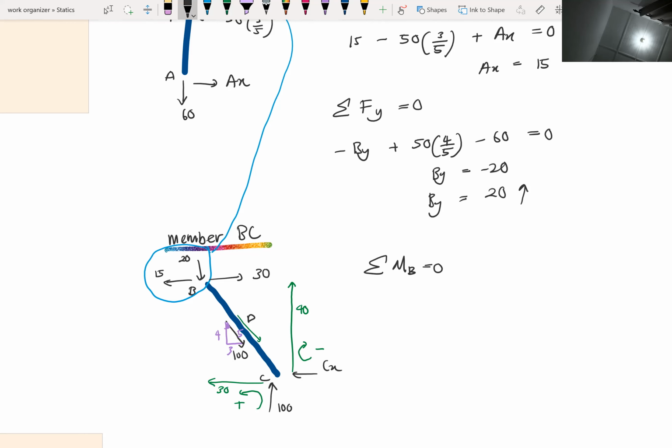So the equation: negative Cx times 40 plus 100 times 30 equal to 0. So Cx we get equal to 75 lb.